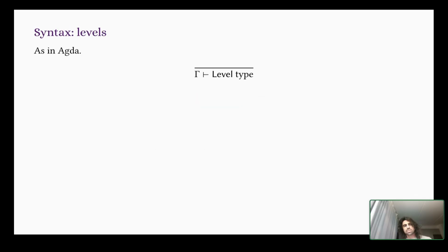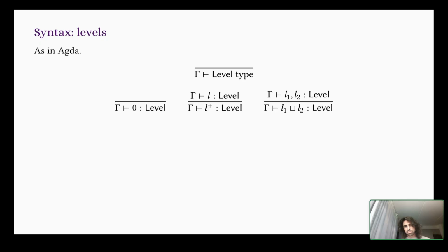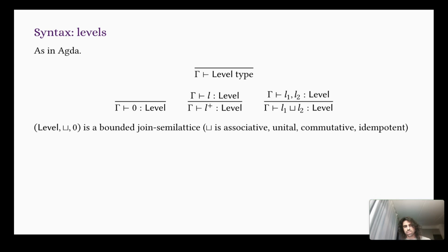So the syntax for levels is exactly the same as in Agda. We have a type of levels, we have a 0 level as the bottom universe. We have a successor operation and a least upper bound operation. And we add some judgmental equalities that make levels with this structure into a bounded join semilattice.